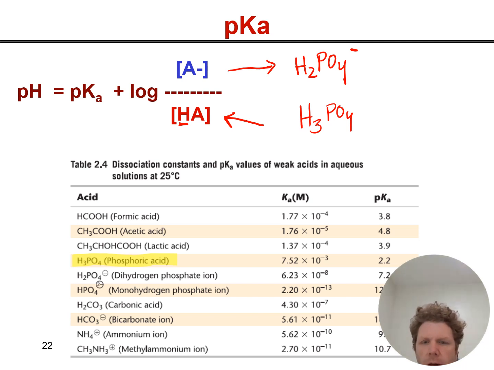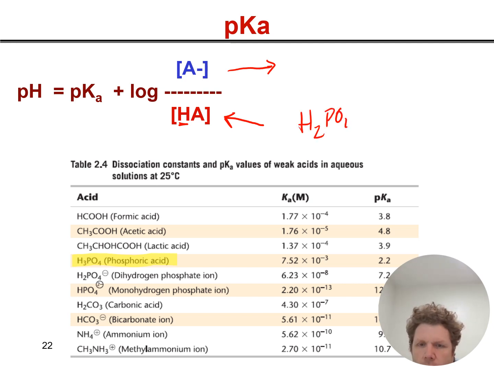Now, the next level to that is, well, H2PO4 minus in and of itself can correspond to the HA, in which case, what would then A minus be? Well, that would be HPO4 2 minus. So there is your negative 2 charged acid.